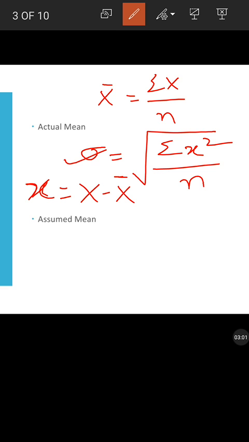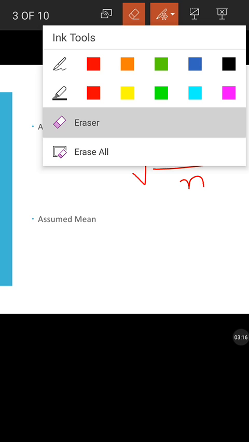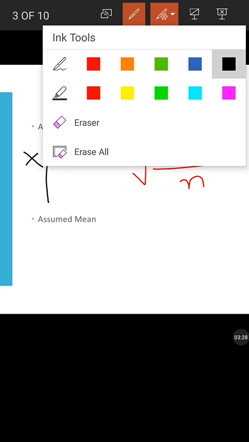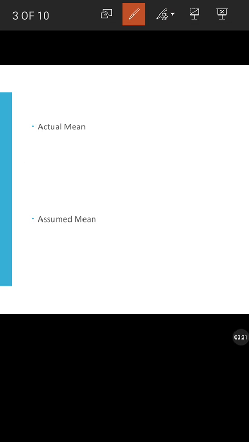In the question, x will be given. We have to calculate x bar first, and then afterwards calculate in the table.